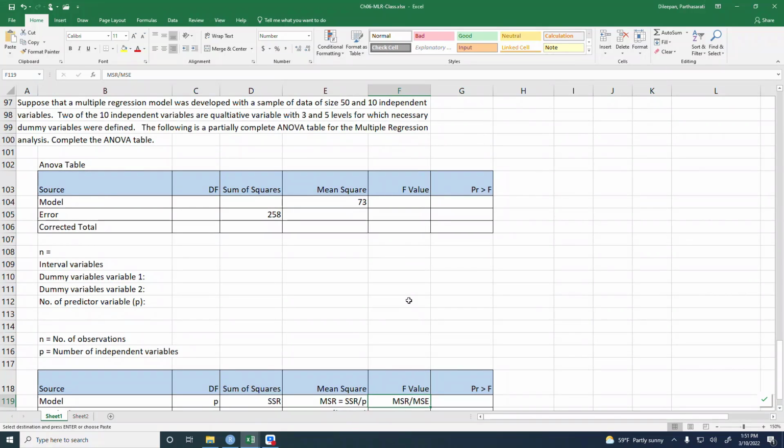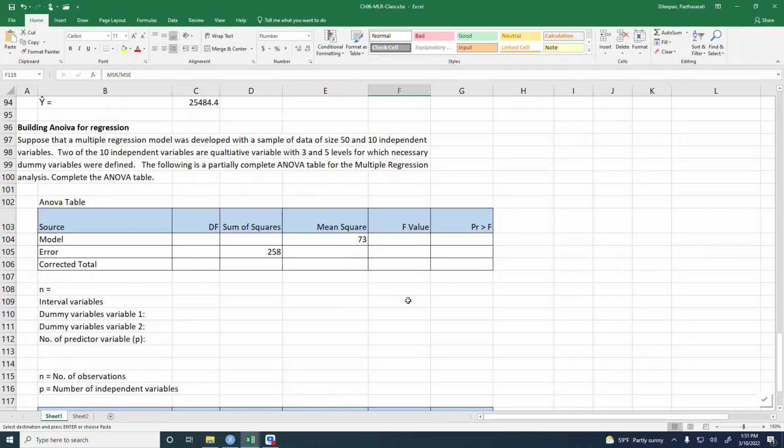Okay? All right. So now let's look at a problem. Now we have two values given here. So it turns out with a partially completed ANOVA, you should be able to populate the rest of the cells with the given information. Okay, so let's look at the problem and see what we can fill from this information.